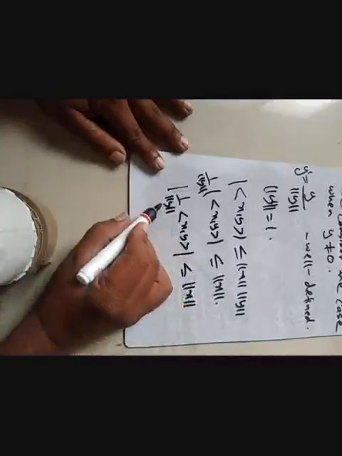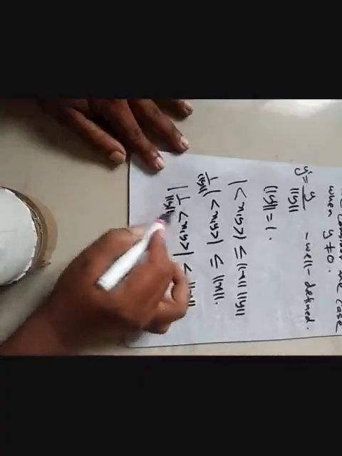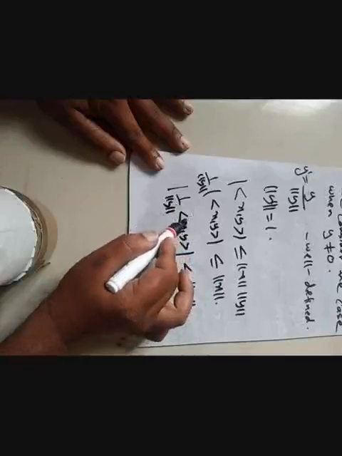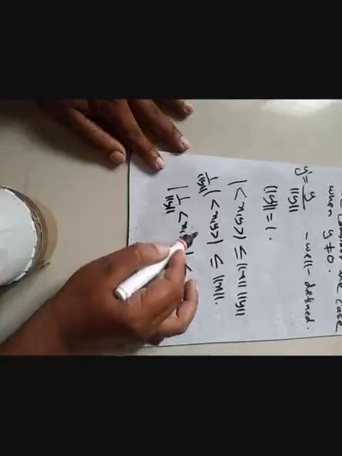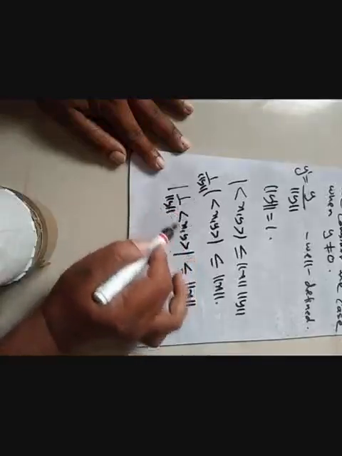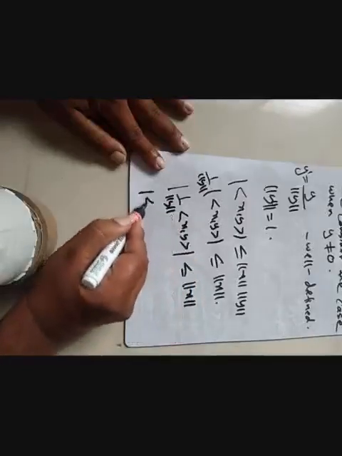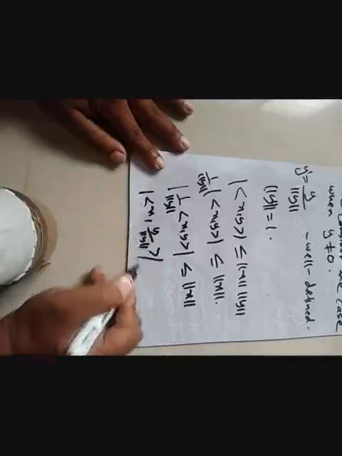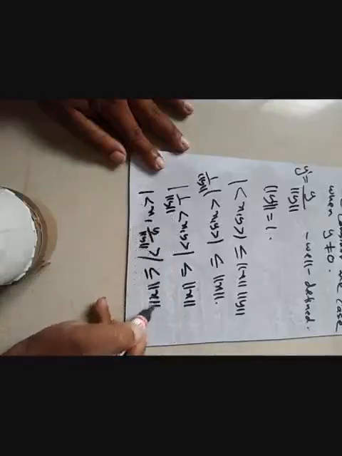The norm is a non-negative object, and it's just a real number, so there is no problem in bringing it into the second place. In the first place it would be as it is. If we bring it into the second place, we have to take the bar of this thing, but since it is a real number, there is no imaginary part. We can write this as the inner product of x with y upon norm of y, less than or equal to norm x. This is what we want to prove.